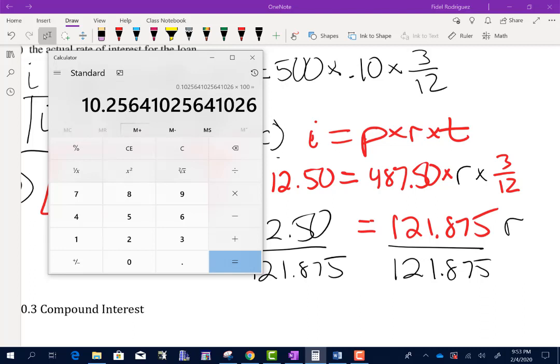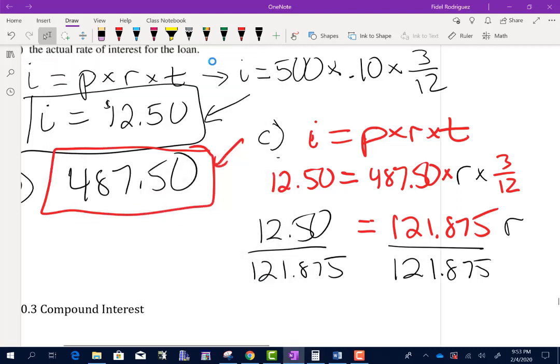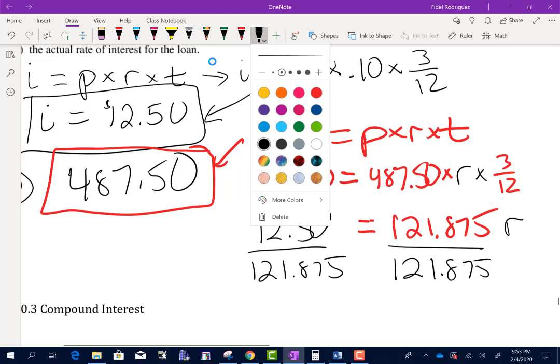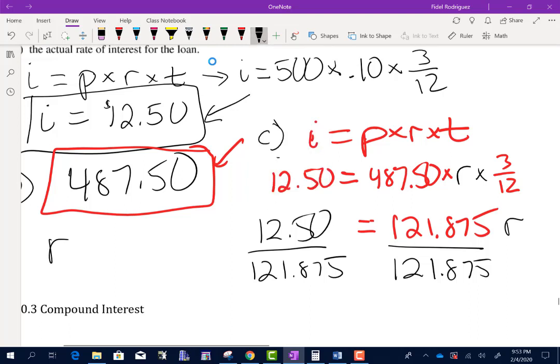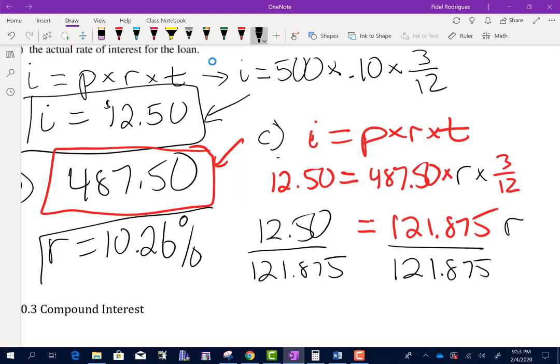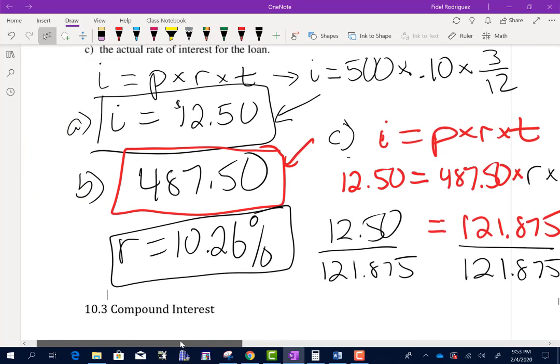If I look to the right, since that number is a 6, that 5 will go up. So I'm going to say 10.26 would be my interest rate. So R is 10.26%.